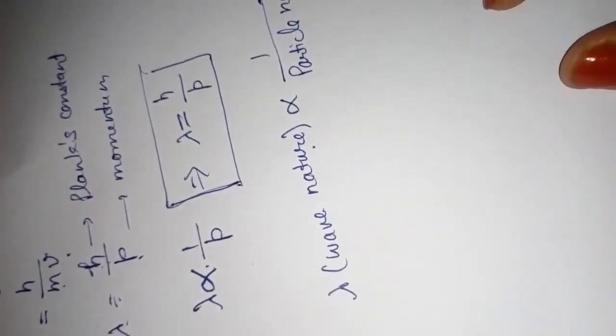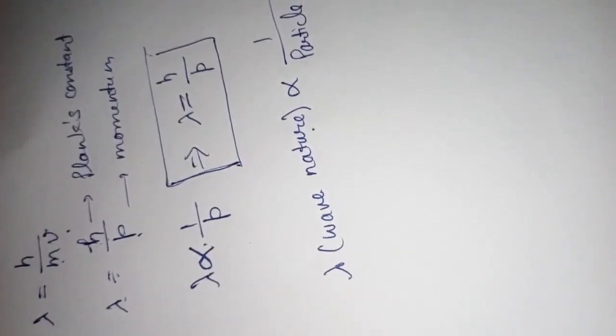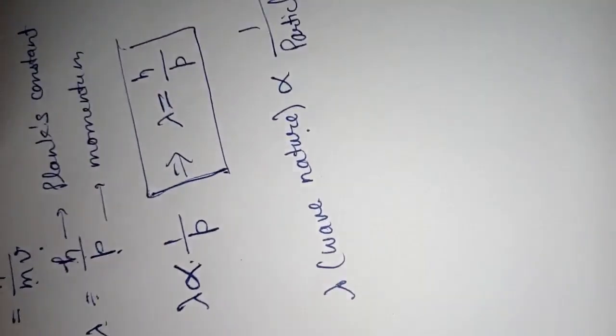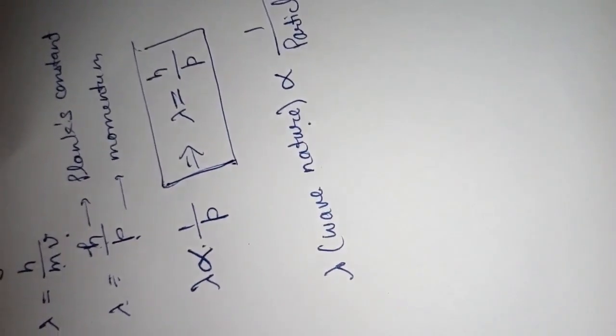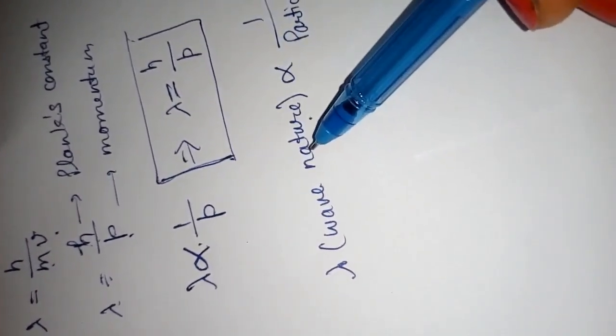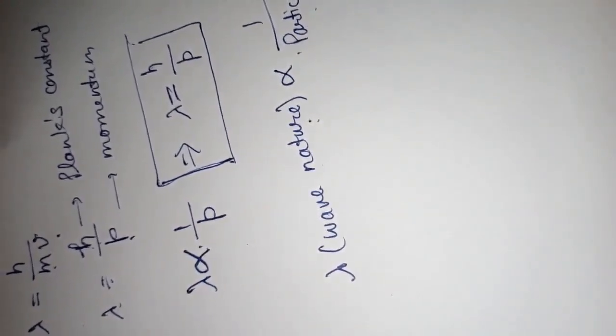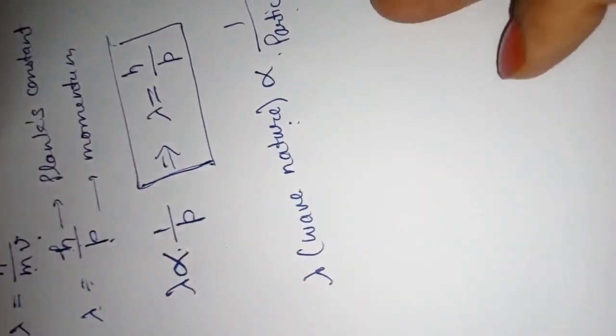So from here we can say that the wave and particle nature of a moving material object are inversely proportional to each other.